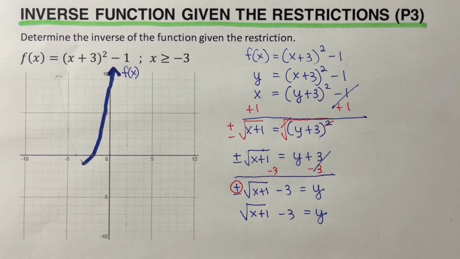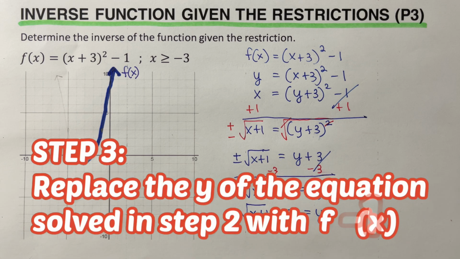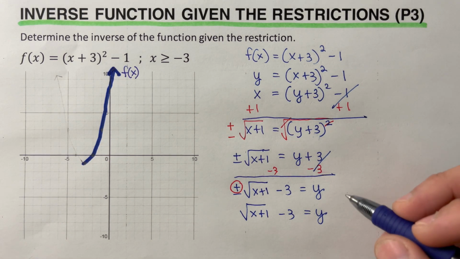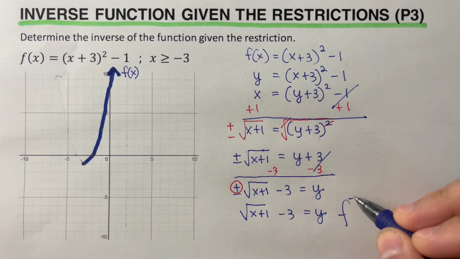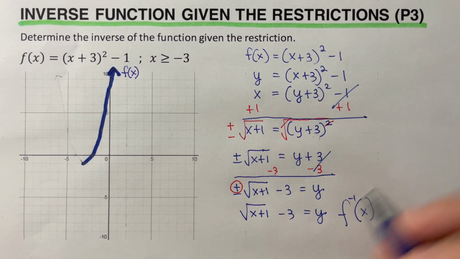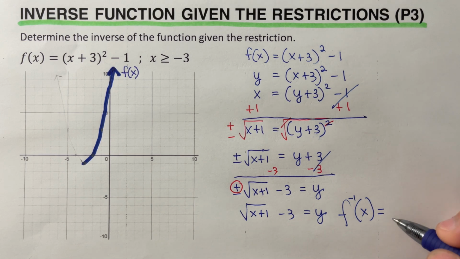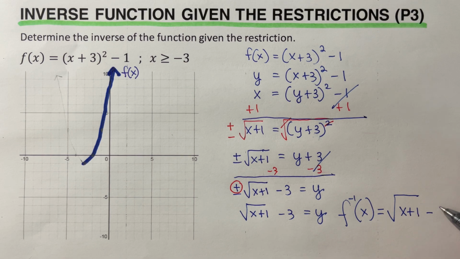Okay, and finally, the third step to determine the inverse is to replace the y of the equation solved in the second step with f negative 1 of x. So we can go ahead and finally say that our inverse is f negative 1 of x, that's the y right there, is equal to, that's going to be the positive solution, and that is equal to square root of x plus 1, minus 3.